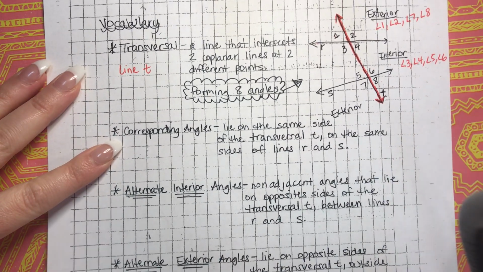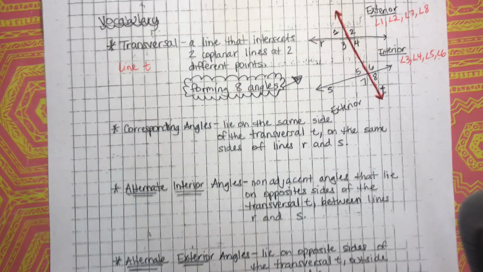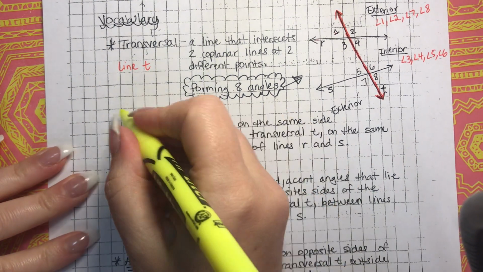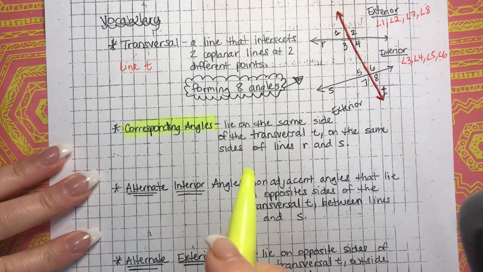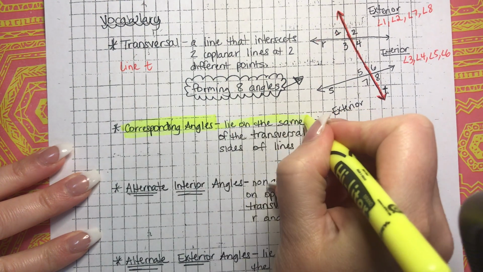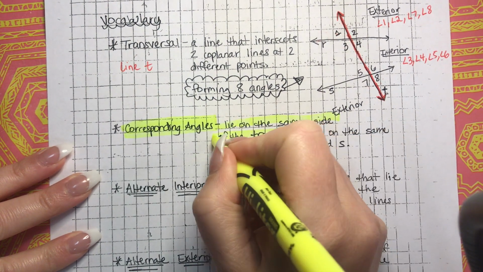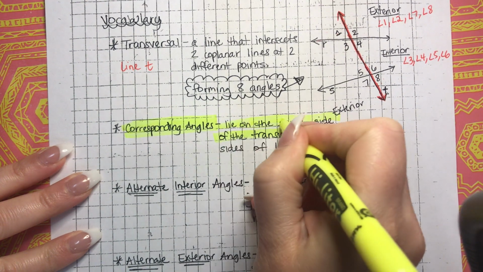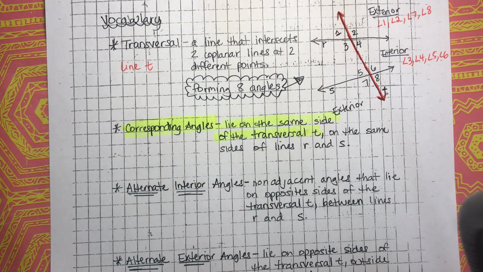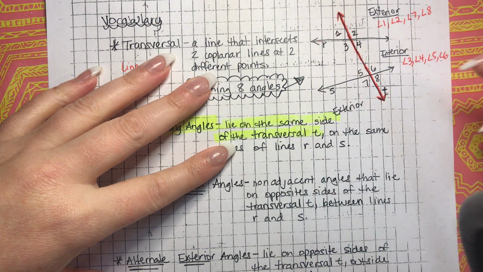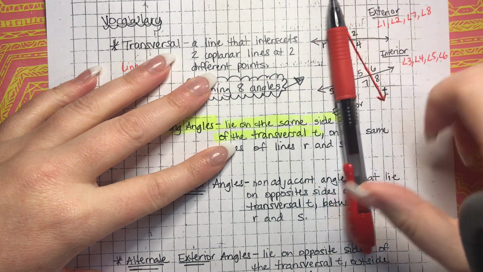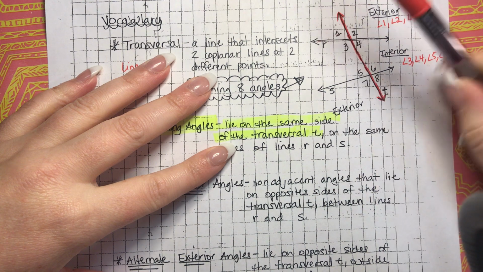Okay, now we're going to move forward. So the first vocabulary, or not the first, the second after transversal, are corresponding angles. Now, corresponding angles lie on the same side of the transversal T. Okay, so let's just think about that. The same side as the transversal. So this transversal really splits these eight angles into two sides, right?